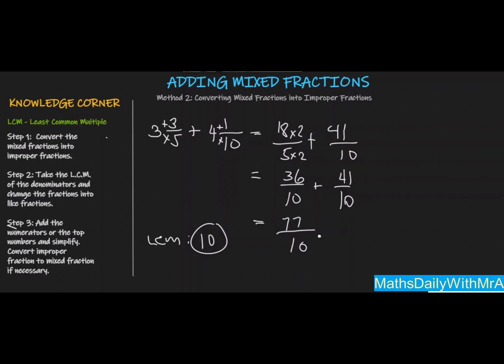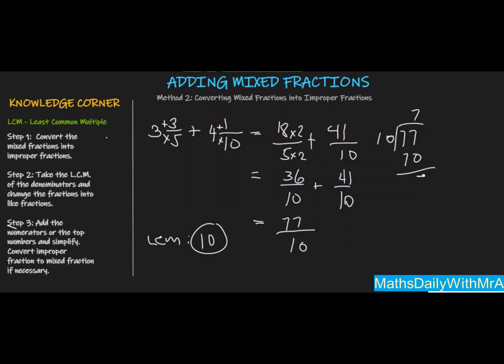However, we can also convert this improper fraction to mixed fractions. So, how are we going to do that? All we need to do is divide 77 by 10. 77 divided by 10 will give us 7. 7 times 10 is 70.